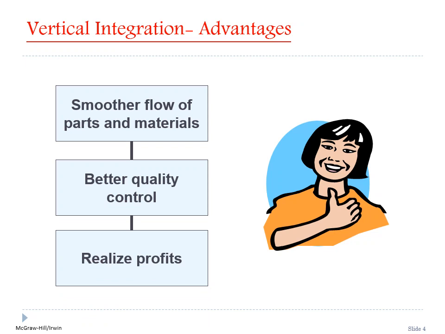In addition, an integrated company realizes profit from the parts and materials that it is making rather than buying, as well as profits from its regular operations. يبقى دول these are the advantages that can attain from vertical integration.